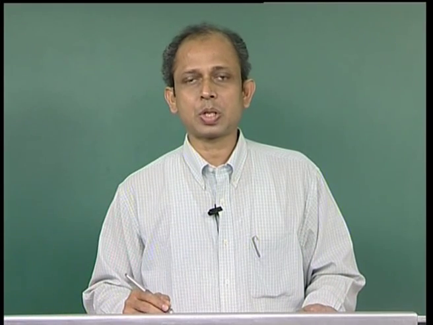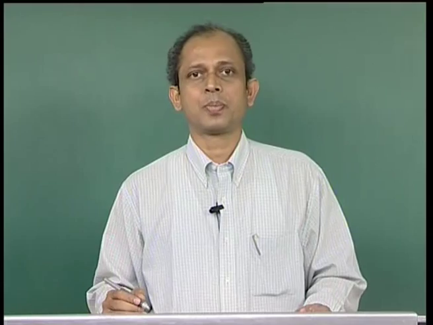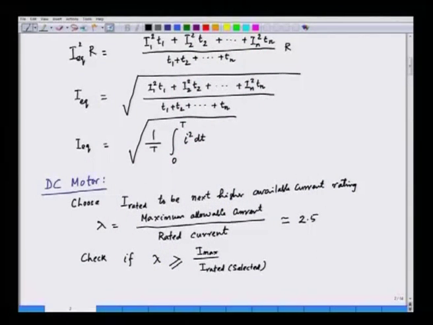So, if this condition is not met, say for example, rated current is 5 ampere and the maximum current that is taken by the motor is 20 ampere. So, in that case I maximum by I rated is 4 and 4 is definitely higher than 2.5. So, this inequality is not satisfied.